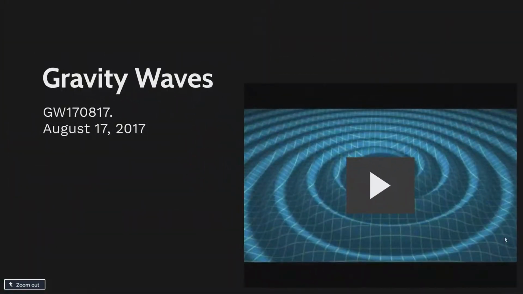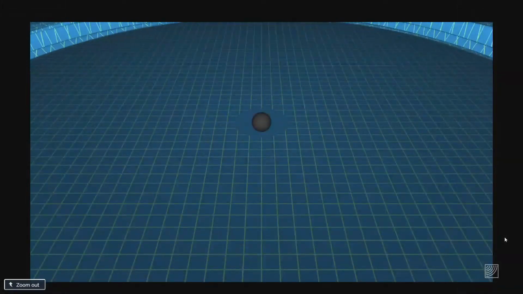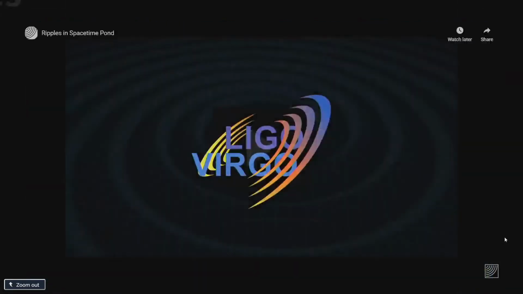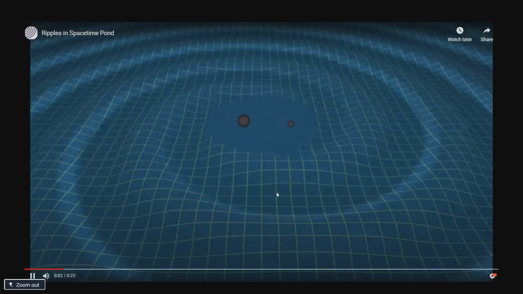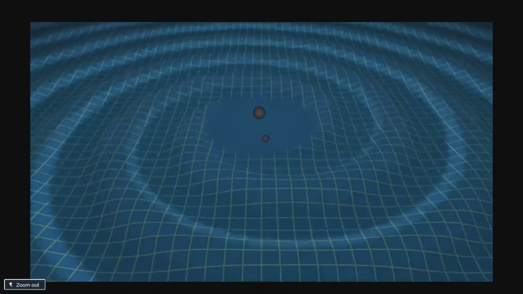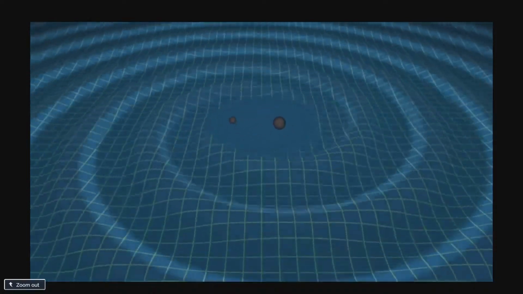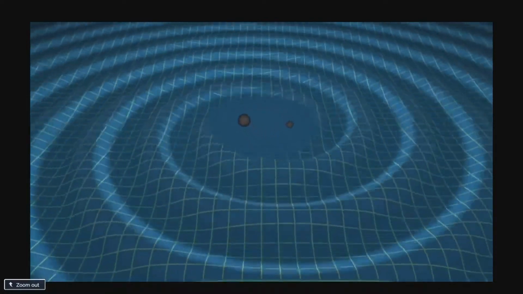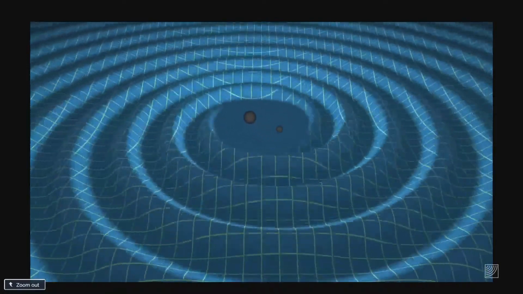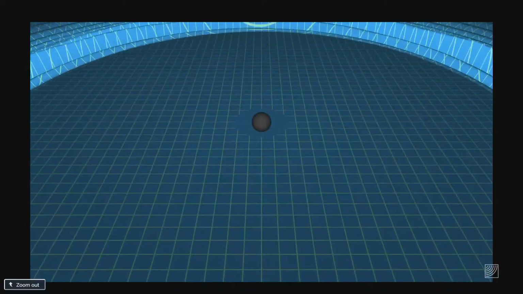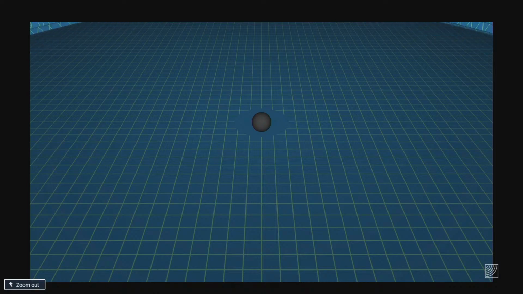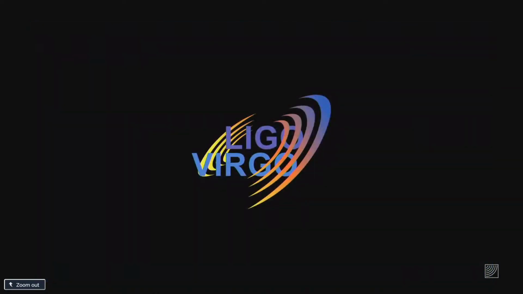So they look for gravity waves, and this is an animation of 2 neutron stars, or it could be 2 black holes colliding. They start rotating around each other. They're usually in a binary star system, and as they merge, the mass will make a wave of gravity.